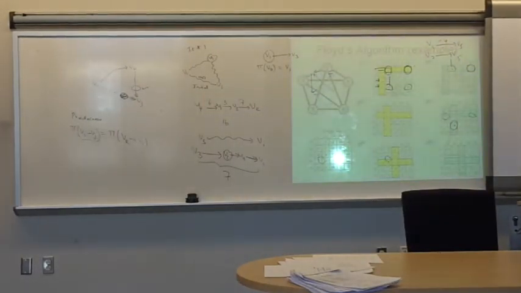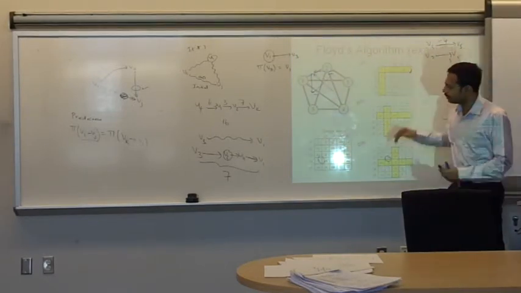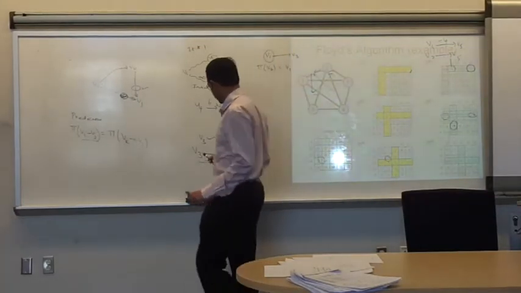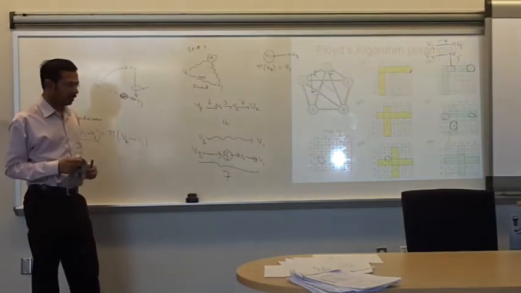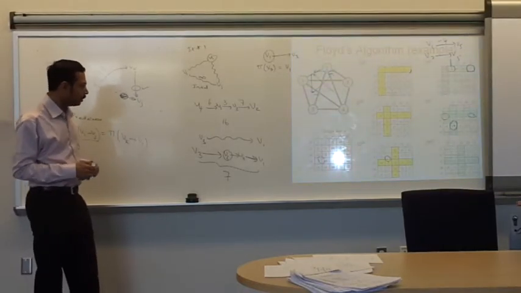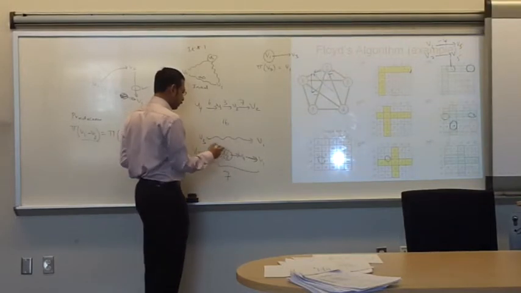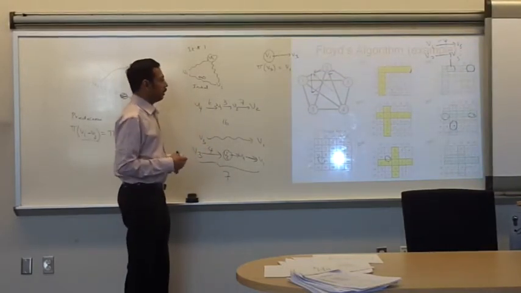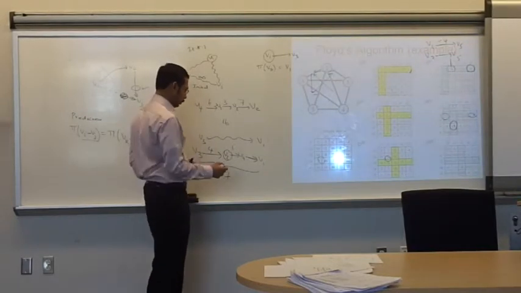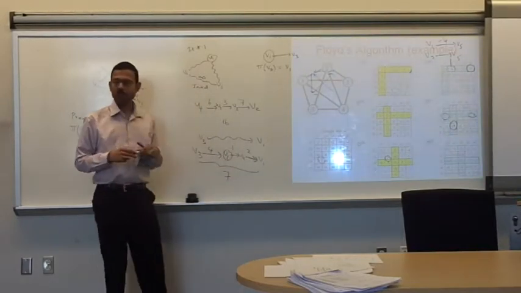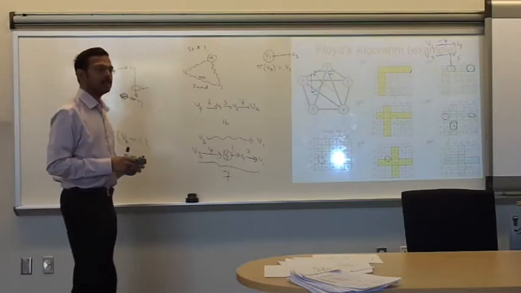Can you come up with the edge weights from this? What is the edge weight from V3 to V2? 4. From V2 to V4? And V4 to V1? 2. We should add up to 7. Okay? Clear?